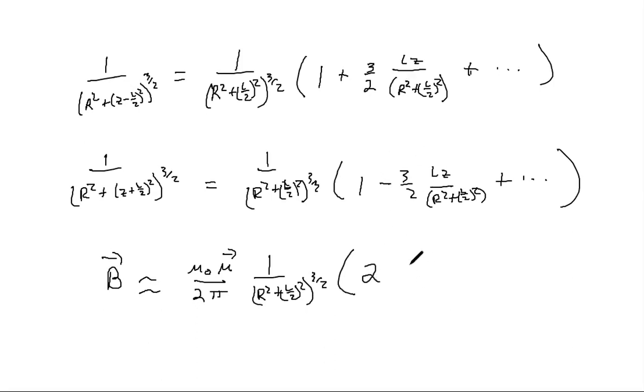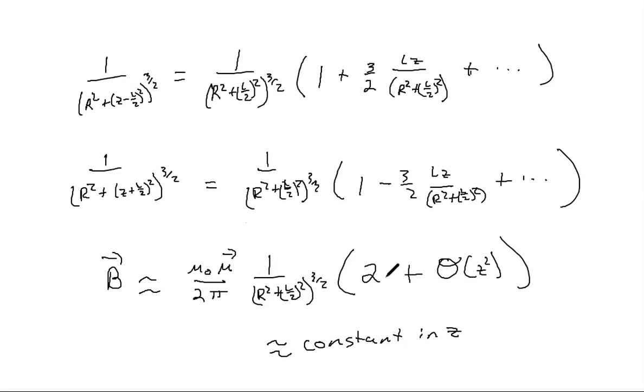The linear term cancels, and you do get some order z squared term, but it's much smaller when z is small. So this becomes approximately constant in Z. This can produce nice uniform magnetic fields.